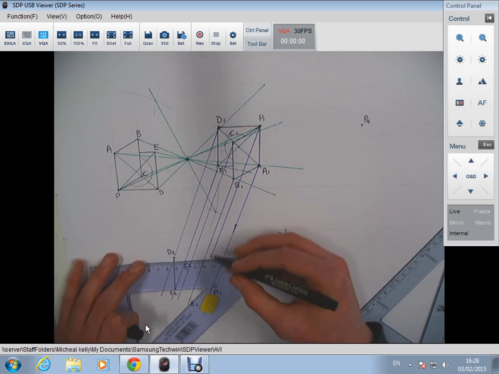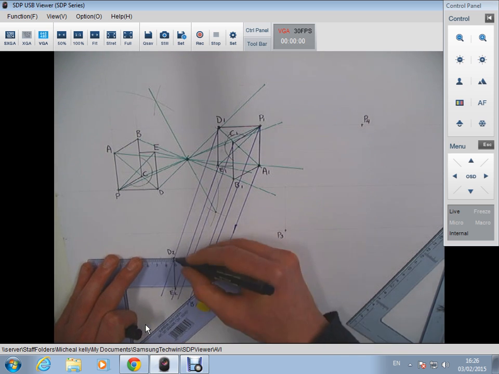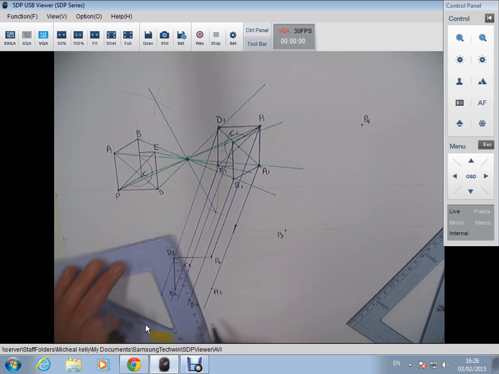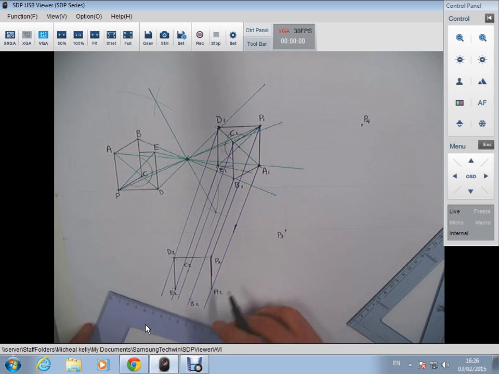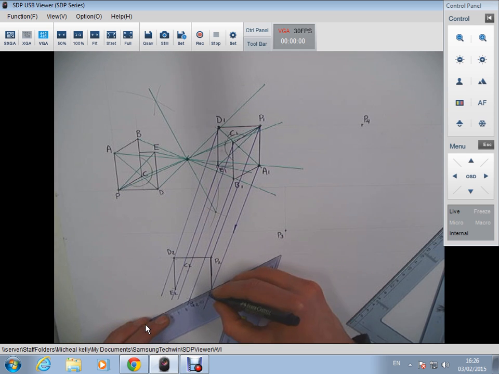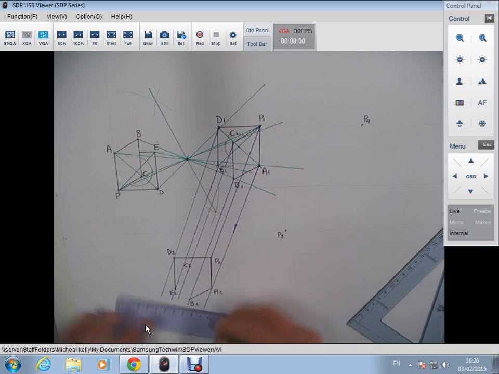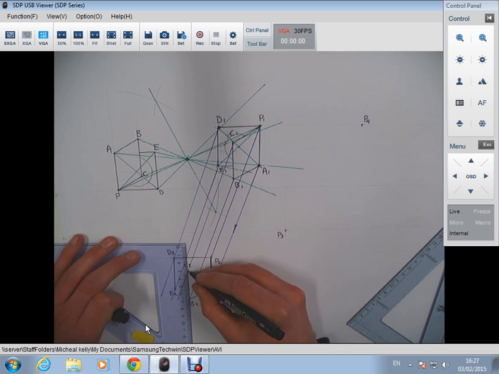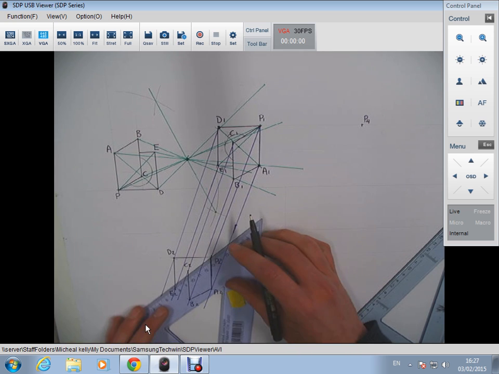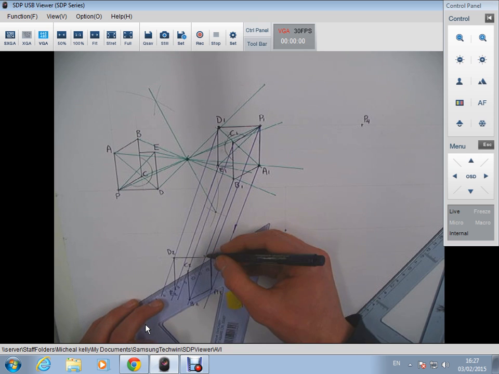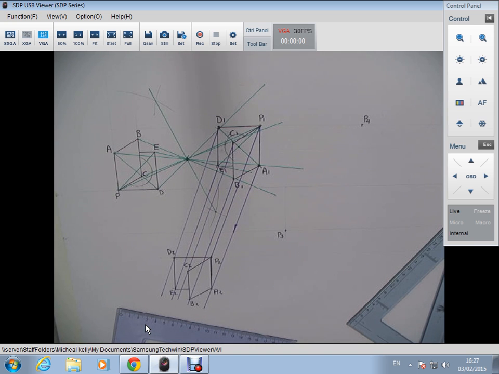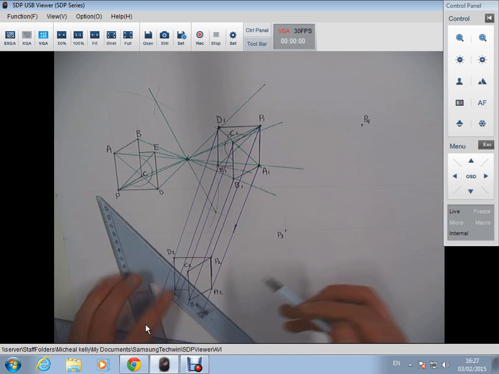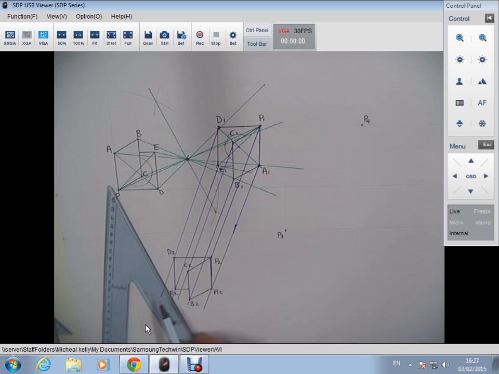Again, joining them up in the same order. E to D, E to P, P to A, and to locate the center for my arc, I'm joining across from D to A again, similar to my first drawing.